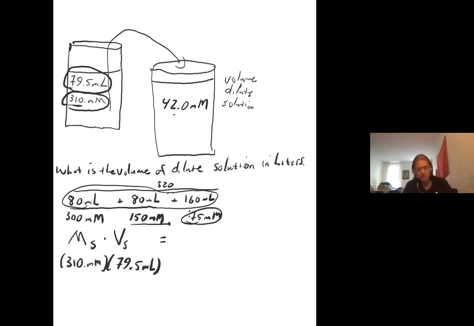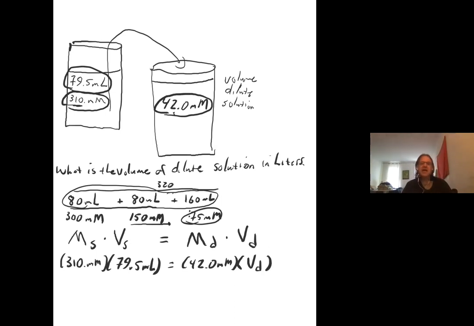That is equal to the molarity of the dilute solution, which they tell you 42. So that's equal to 42.0 millimolar times the volume of the dilute solution. The volume of the dilute, we don't know, right? So I'm just going to write volume of dilute. We don't know what that is, but that's what it's asking us to do.